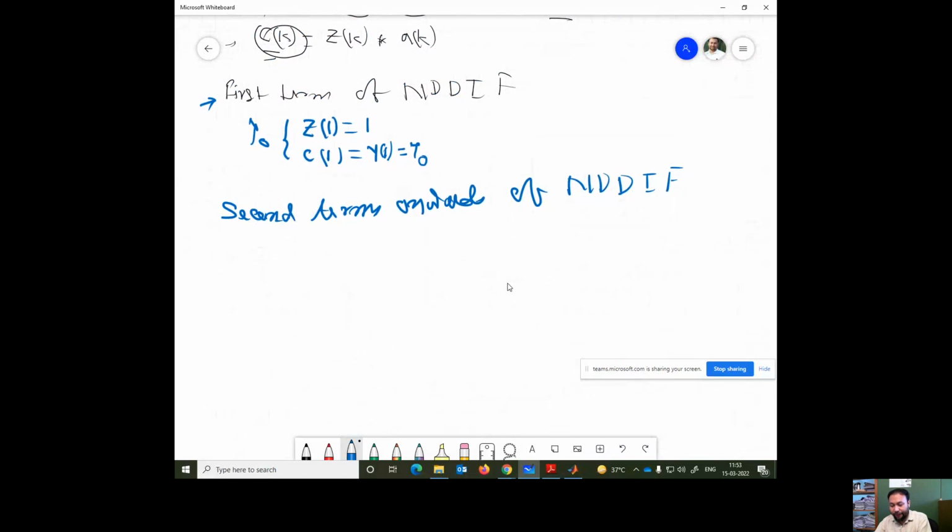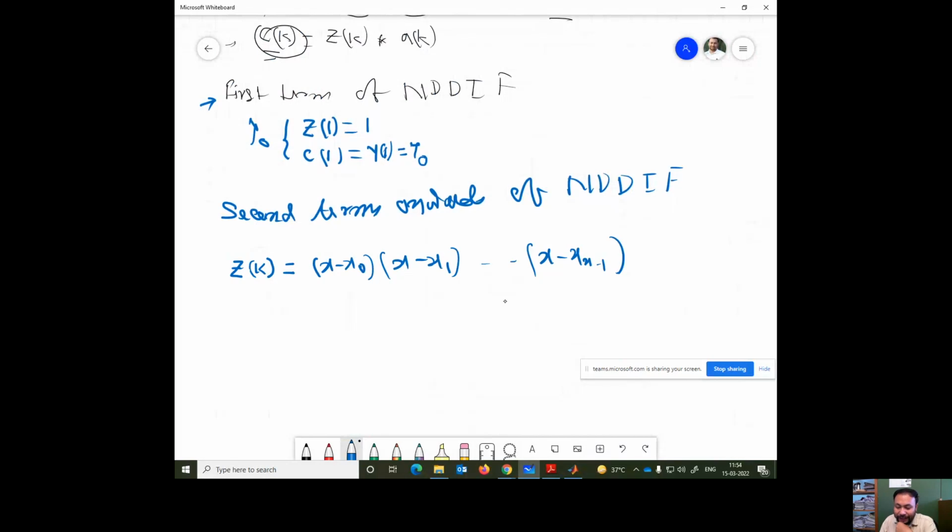How can I define z? For example, if I want to define zk, suppose it is x minus x naught, x minus x1, dot dot, x minus xn minus 1. This is the general term.